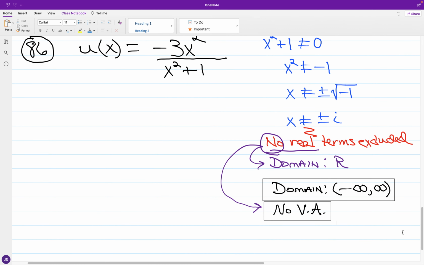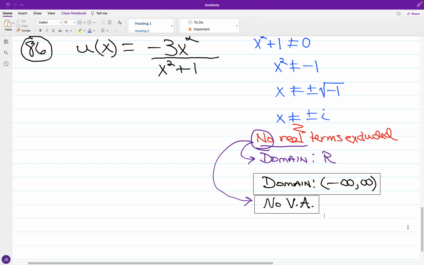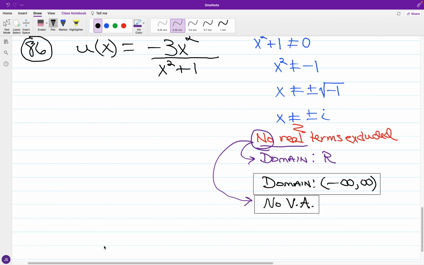So you don't have a vertical asymptote. And now to see if we have any asymptote period, again, this is going to rest upon how the degrees compare between the numerator and denominator.